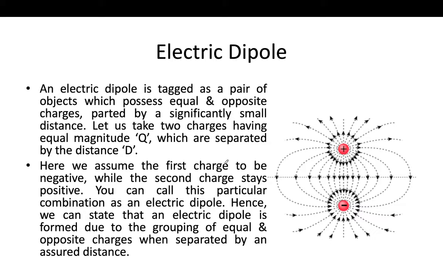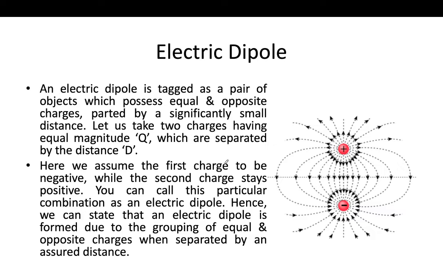Next topic is electric dipole. What are dipoles? First we read the theory, and then I will give you a simple one-line concept. An electric dipole is a pair of objects which possess equal and opposite charges separated by a significantly small distance. Let us take two charges of equal magnitude q, separated by the distance d.